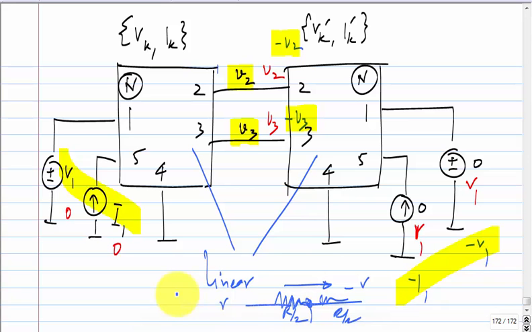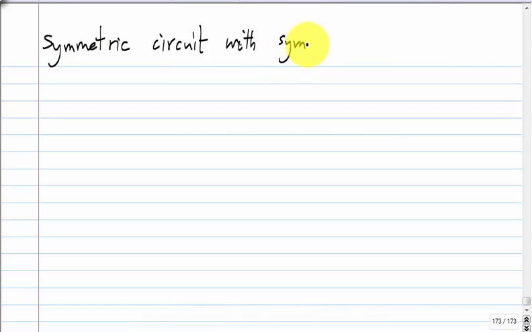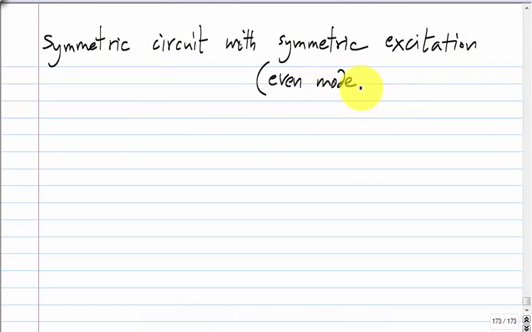Is it okay? So, this is also called even mode or common mode.